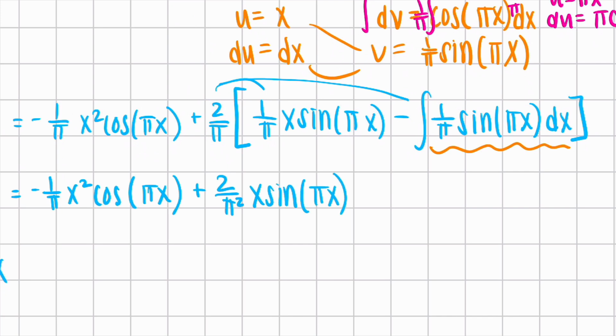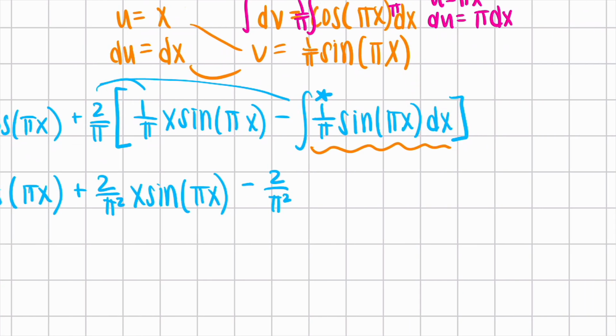And for the integral, I'm going to pull out the 1 over pi. So I'm going to have minus 2 over pi squared. And then for this integral, we need u sub again. So I need pi, which means I need another 1 over pi. So this is actually going to be minus 2 over pi cubed.